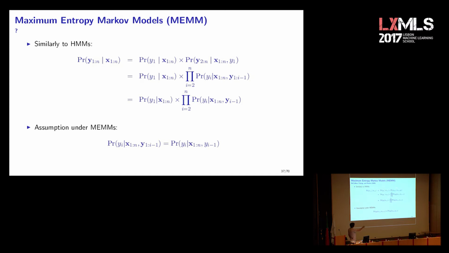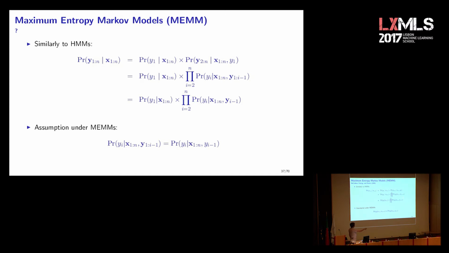From here to here, there should be some sign showing that this is no longer exact. There is an assumption: instead of conditioning on the full prefix of the output, I just condition on the last symbol. It's some sort of factorization.